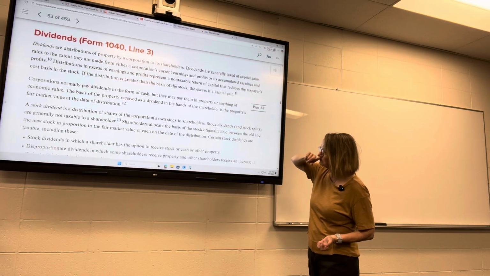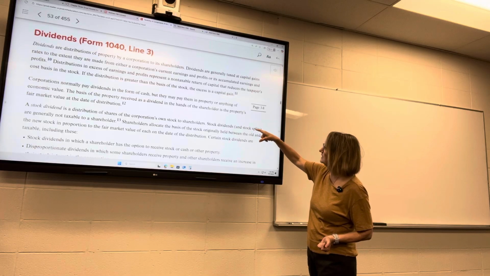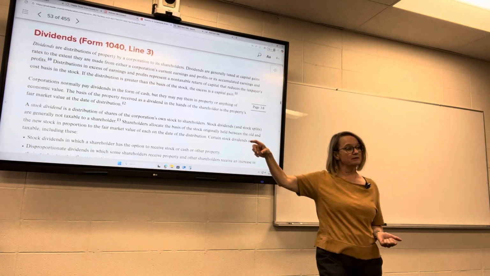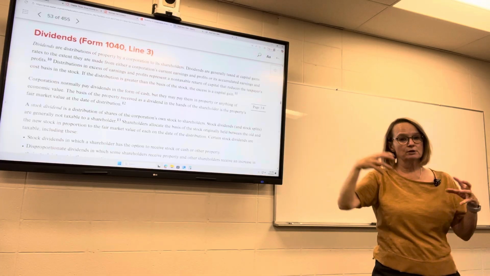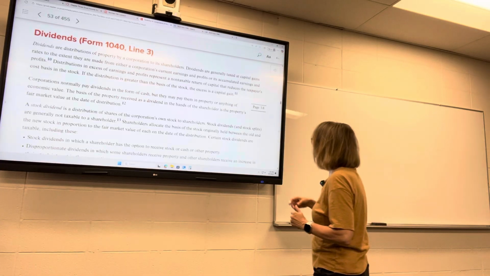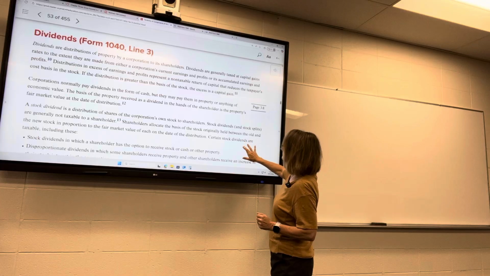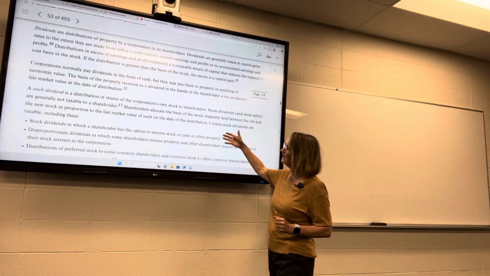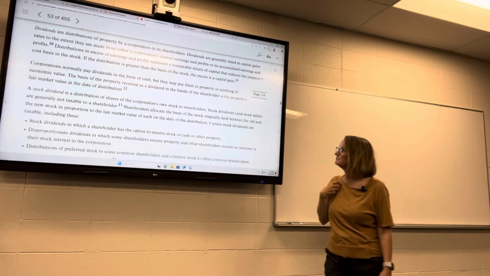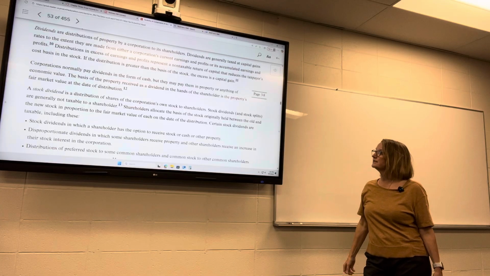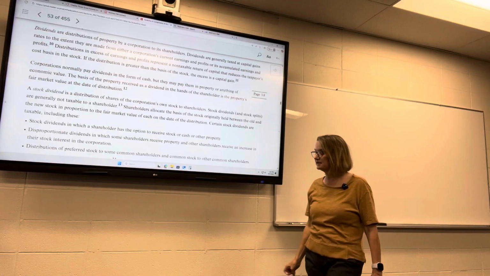So normally dividends are paid in cash, but sometimes they can be paid in property. You'll find that more common amongst closely held companies and smaller companies. Or they can be paid in any economic value. The basis of what is received as a dividend in the hands of the shareholder is the property's fair market value at the date of distribution.